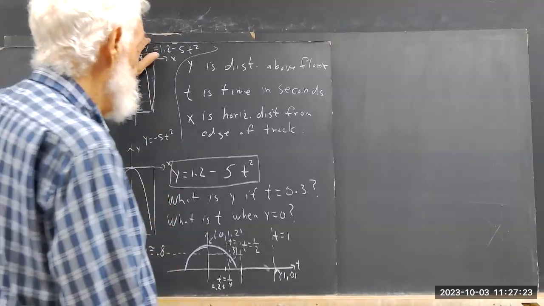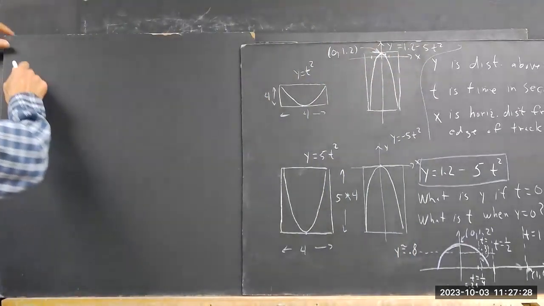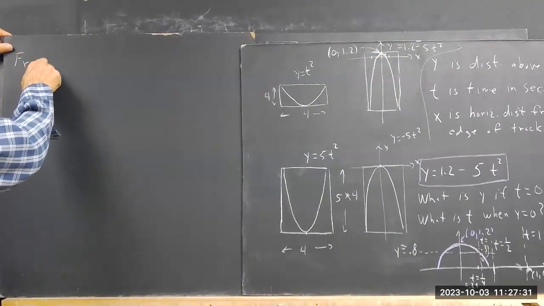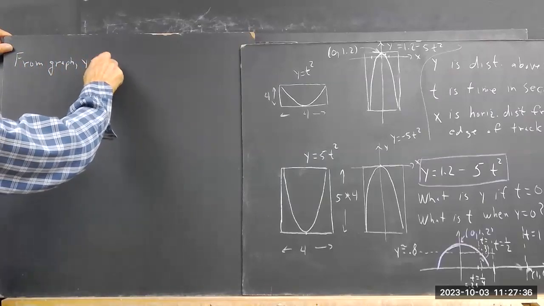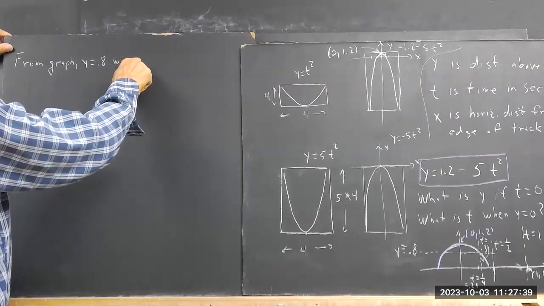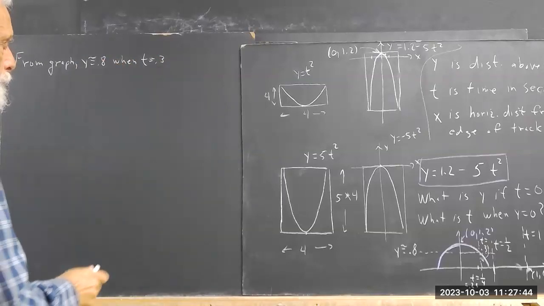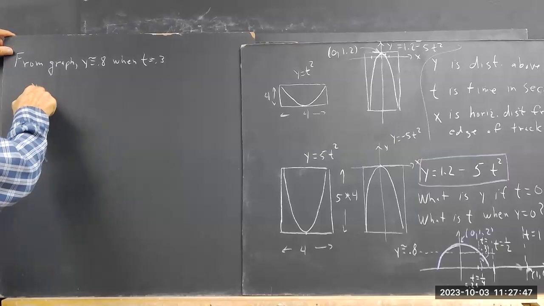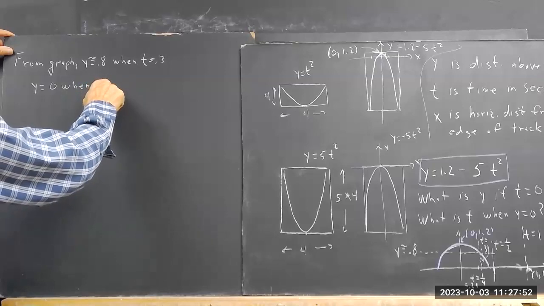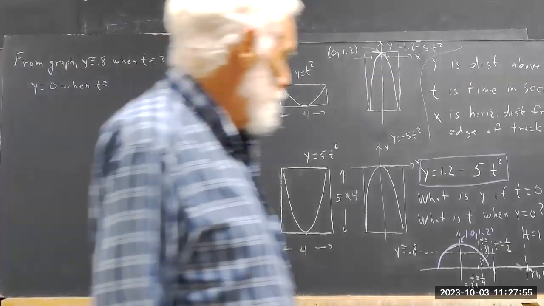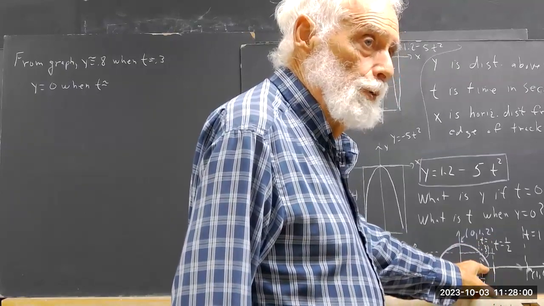Okay. And y equals 0. When t approximately equals what? Well, if this is t equals 1/2, what are the coordinates of this point?